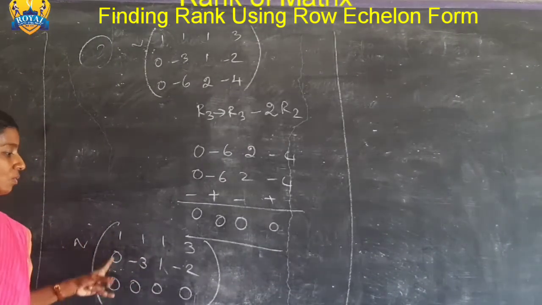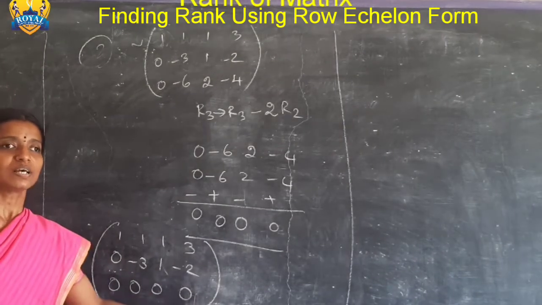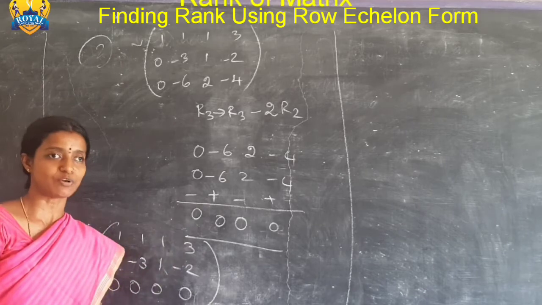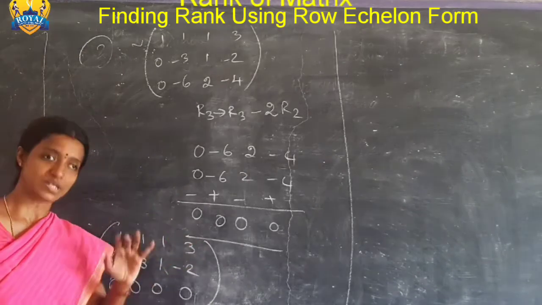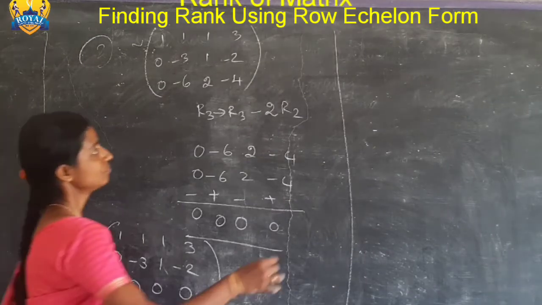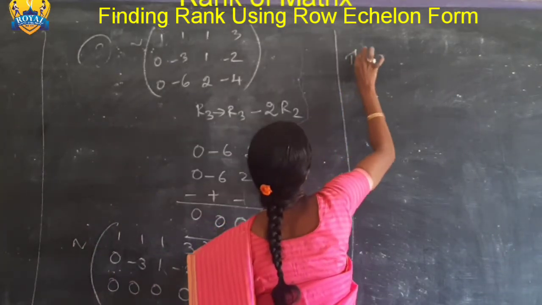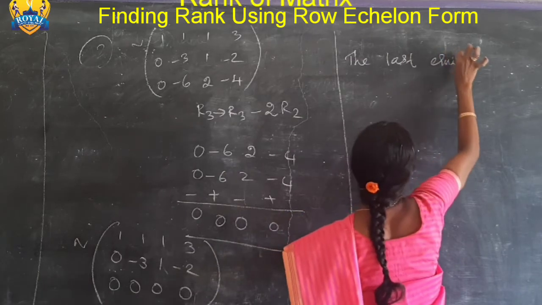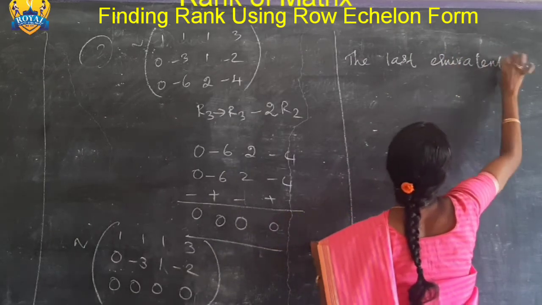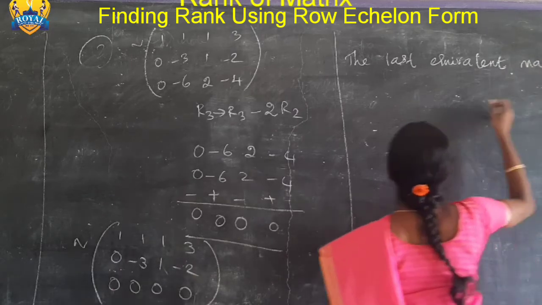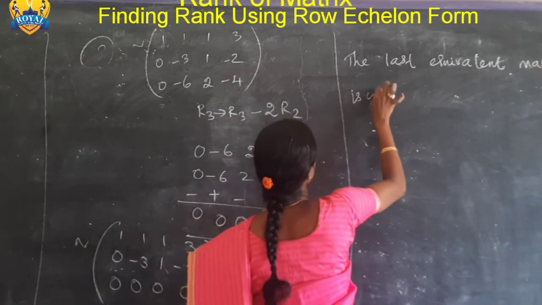Now with this we have brought the equivalent matrix to a row echelon form, and there are no more possible ways to bring zeros. So your conclusion is the last equivalent matrix is in row echelon form.